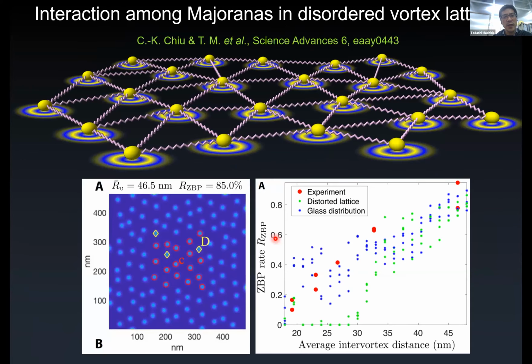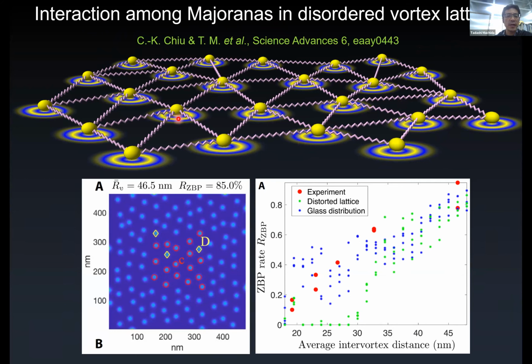To check these speculations, my theoretical colleague, Dr. Chin-Kai Chu, theoretically investigated the effect of the interaction among multiple Majorana quasi-particles in disordered vortex lattice systems in chiral p-wave topological superconductors.